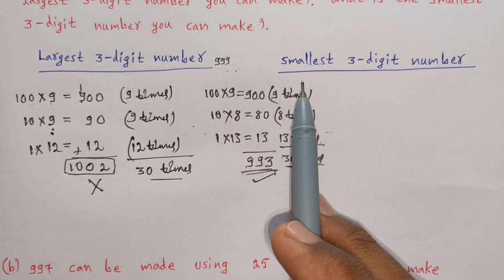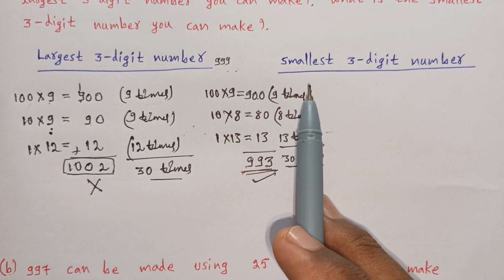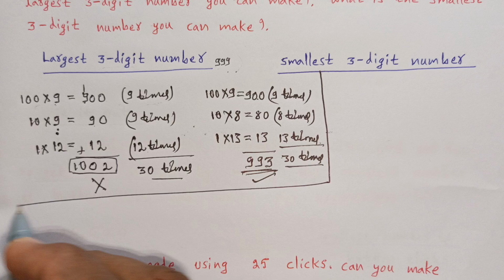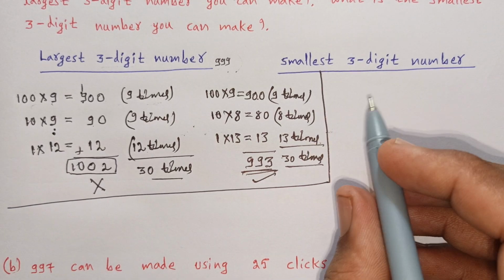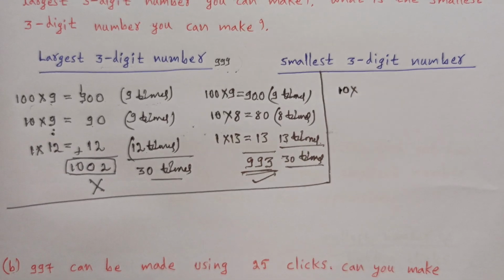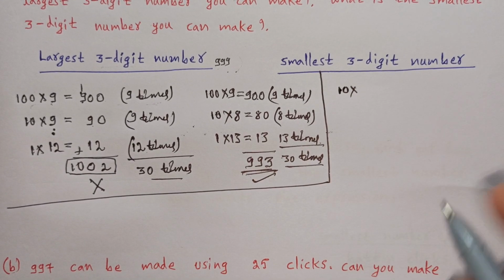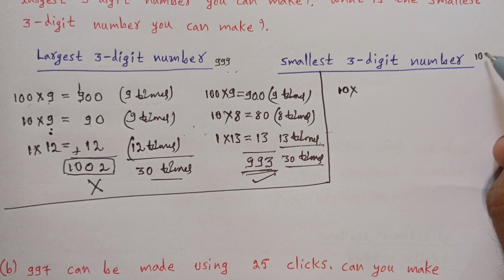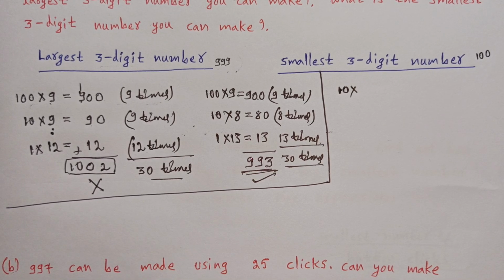In the same way, now we'll try to find out the smallest 3-digit number. So second case, smallest 3-digit number. So for that, first I am taking, generally what is the smallest 3-digit number? 100. Actually 100. So we will try to get up to 100.